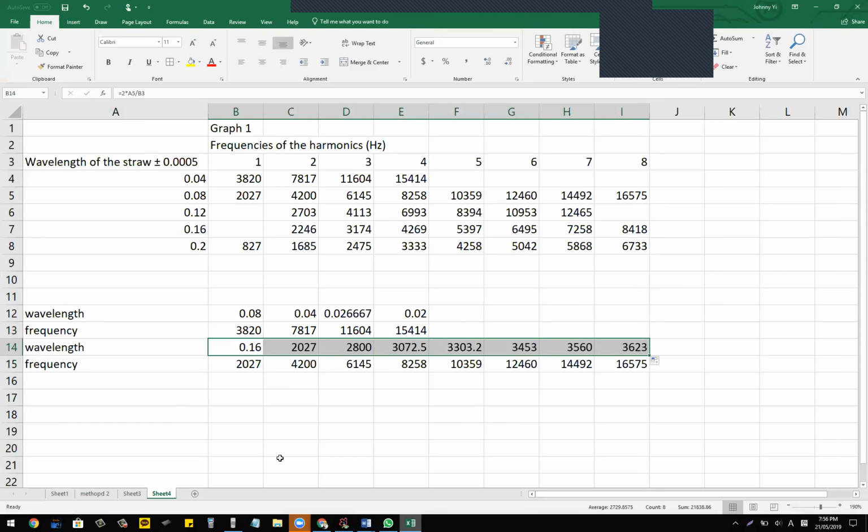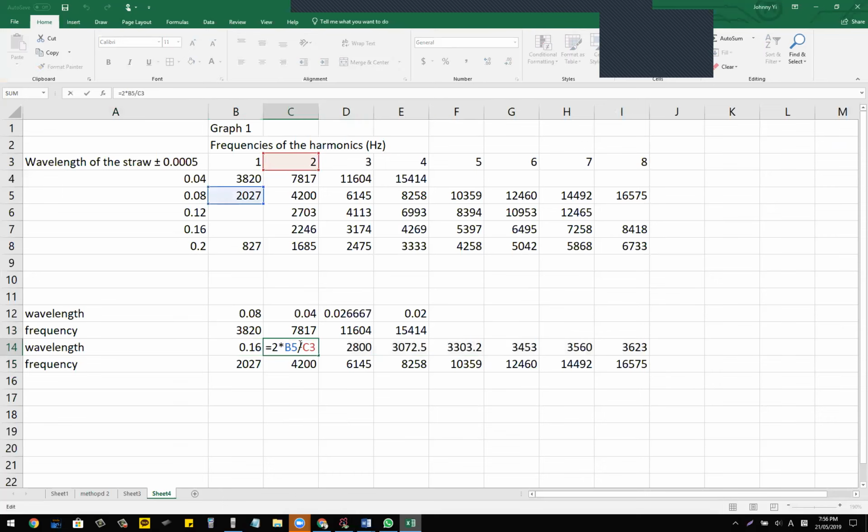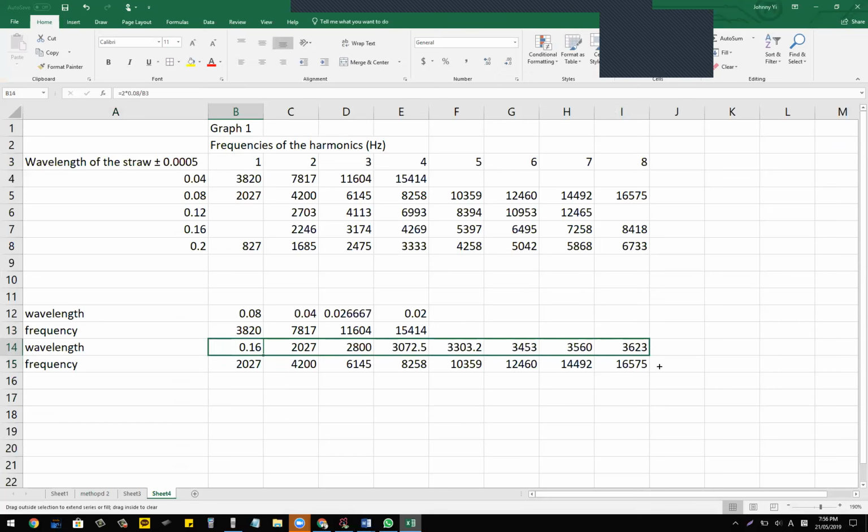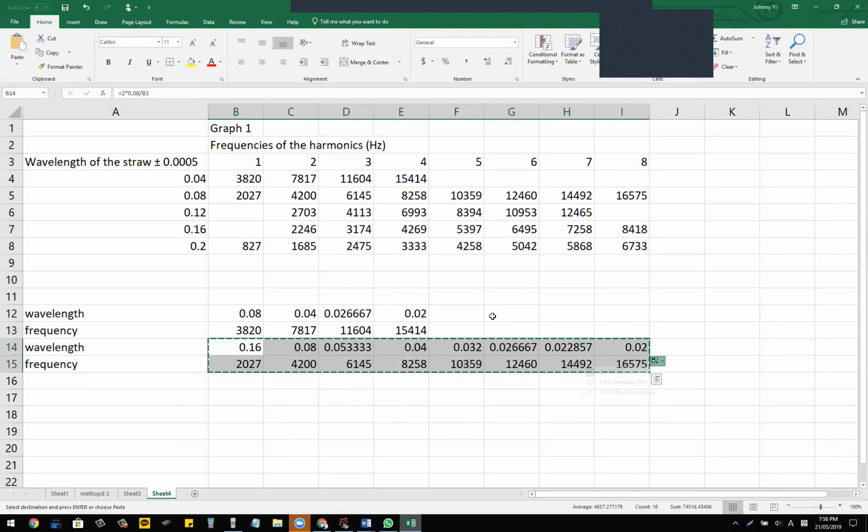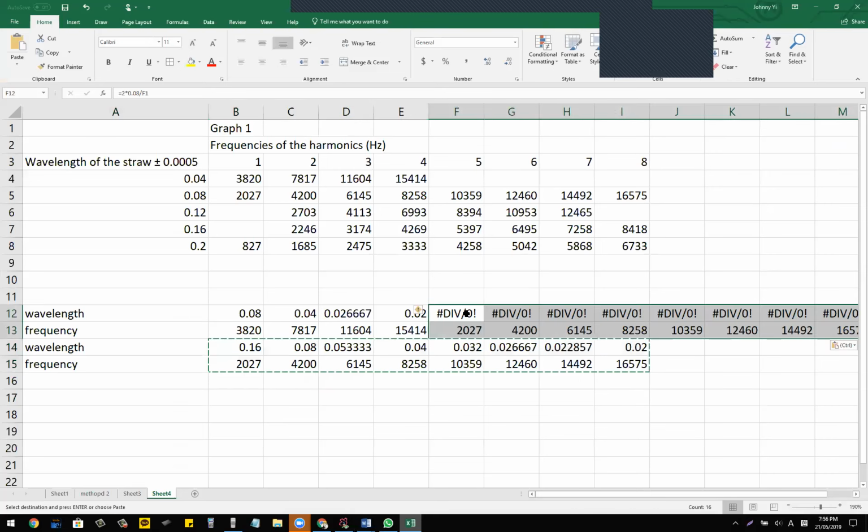Sorry, this was supposed to be, I want to fix there. So it's 0.08. And then we scroll it down. These are the wavelengths, okay? So I'm going to put this like that.